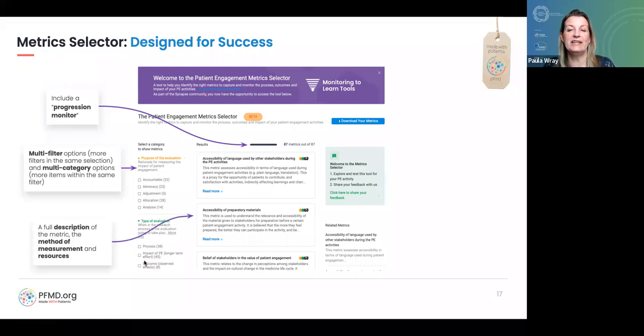So as you can see here, there's a full description of the metrics, but also some suggestions as to how you can measure them. Some of them are very quantitative, so number of participants in a focus group, feedback surveys. And this is an area that we feel is going to develop as more and more people use it. They share how they're monitoring and evaluating, what indicators they're using for each of the metrics, but also some signposting to other resources.